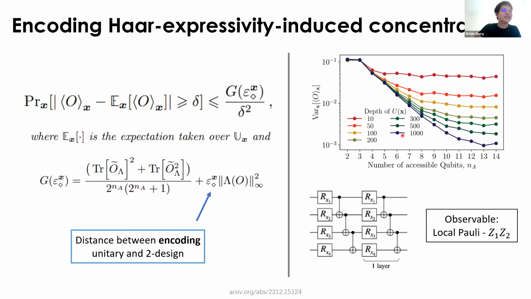And in this way, we use the depth of this unitary to control the expressivity of the encoding unitary. If you increase the depth, you increase the expressivity, then the lower bound or the value of saturation will be smaller.